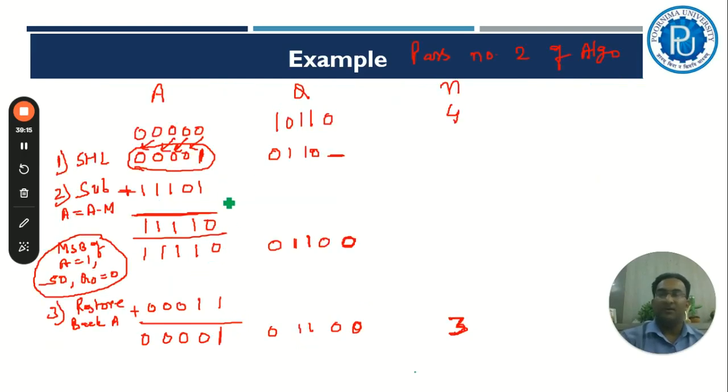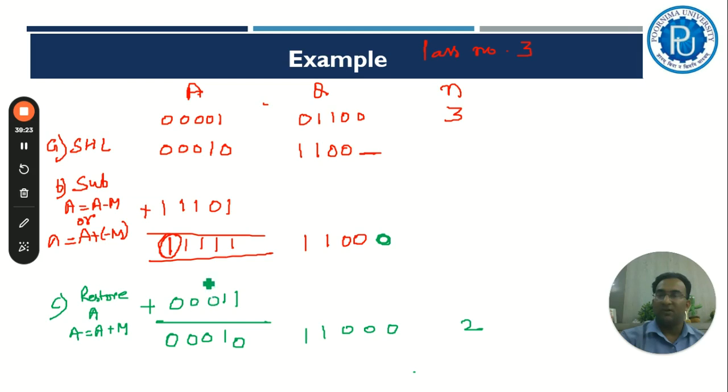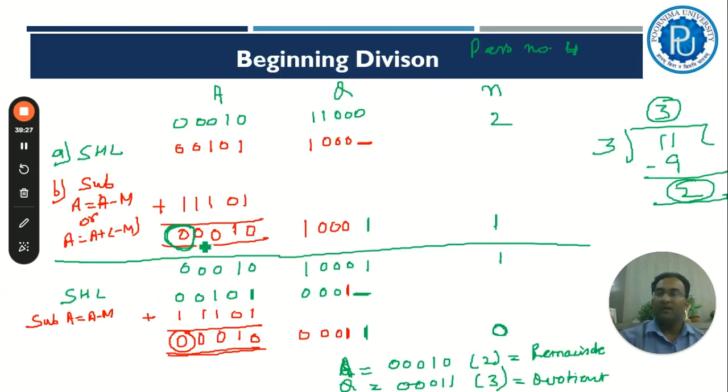In pass number 2 also we had the negative value, so we restored back. In pass number 3 also we had the negative value, that's why we restored back. In pass number 4 we got the positive value, that's why we don't have the restoring step. Also in pass number 5 we have the positive value, so there is no restoring operation. That's why this algorithm is called the restoring algorithm.